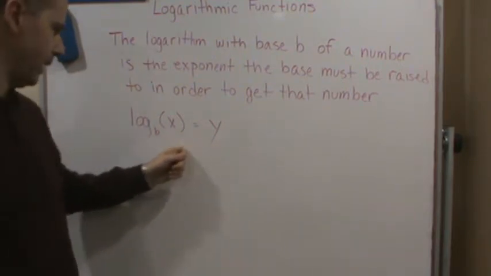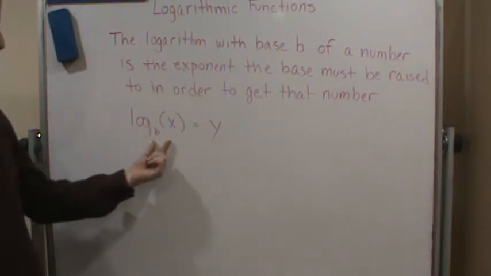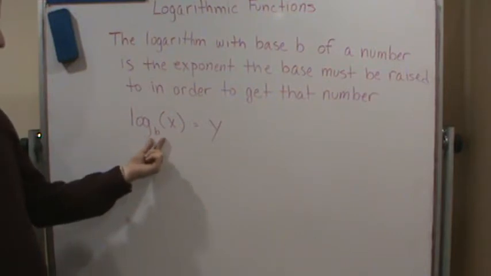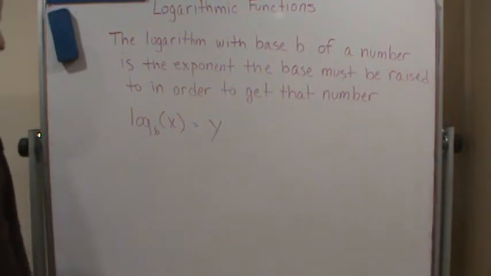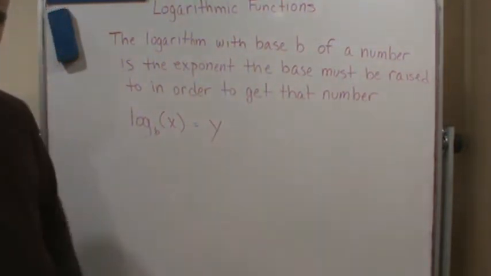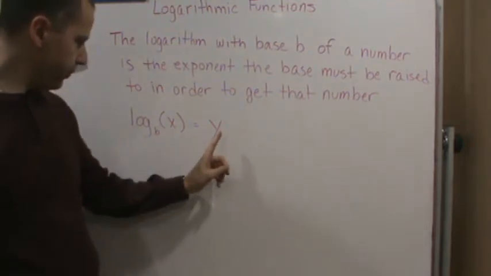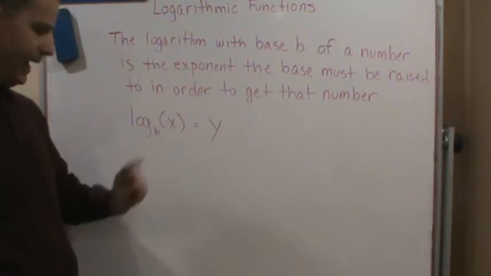So this is how we write it, okay? This is log base b, or logarithm of base b, of x. So the logarithm with a base of b of x is equal to y. It means y is an exponent. In other words, this is the exponent that we have to raise b to in order to get x.